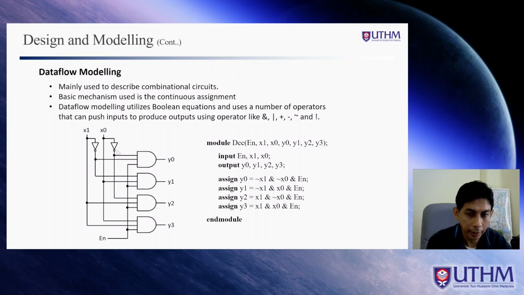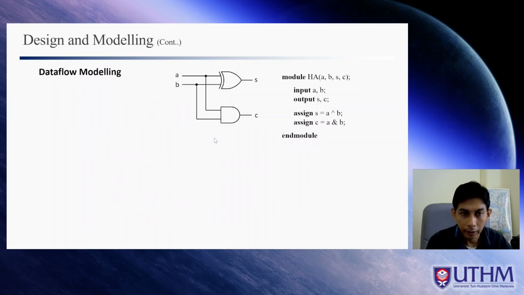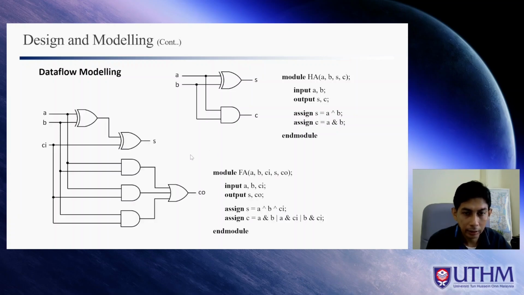So the equation is based on the circuit. Okay, if you don't have the circuit, of course, you need to derive it based on the truth table, right? And this is another example. Assign keyword. You see, if you have the assign keyword, then you can have your circuit.